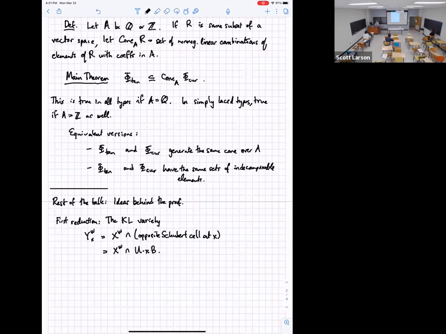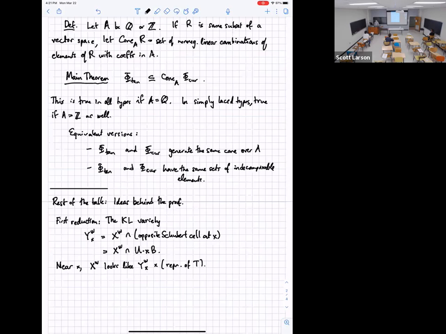Now, near X, XW looks like Y of WX cross a vector space, which is actually a representation of T. And this representation of T is easy to understand.